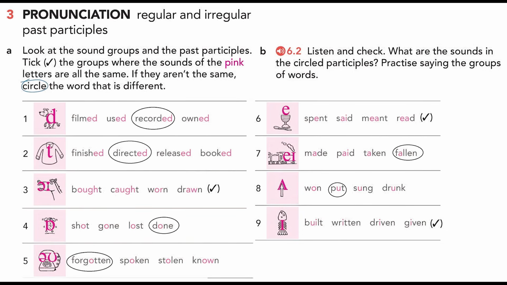6. Egg. E. Spent. Said. Meant. Read. 7. Train. A. Made. Paid. Taken.